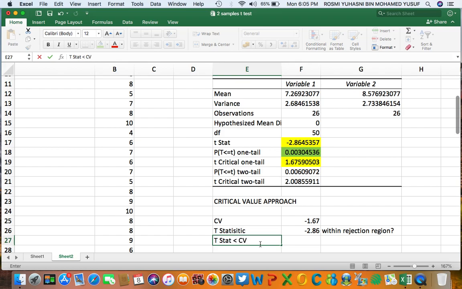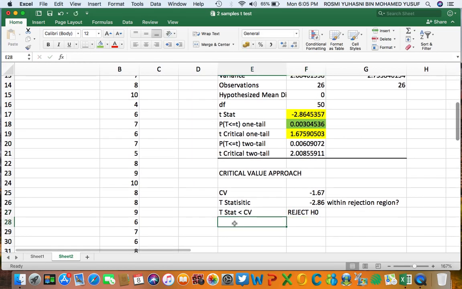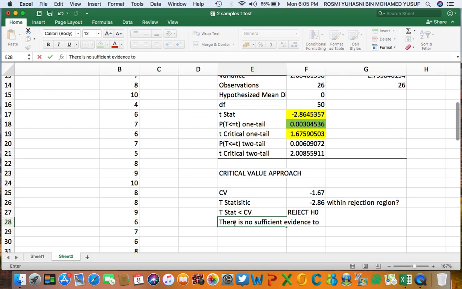So what does that mean? Reject H0. You can say that there is no sufficient evidence to support H0, and accept H1.